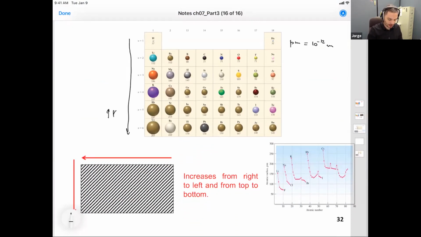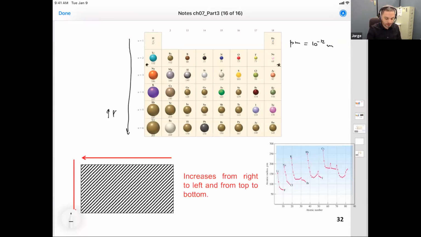And if we move from left to right, along the same row, there is a decrease in the atomic radius. So for example, starting from lithium, it decreases all the way to neon, because we are adding extra positive charges and adding electrons to the same electron shell.